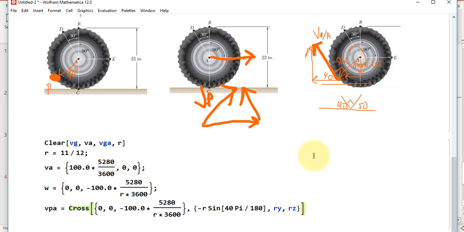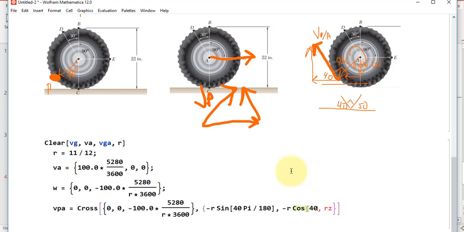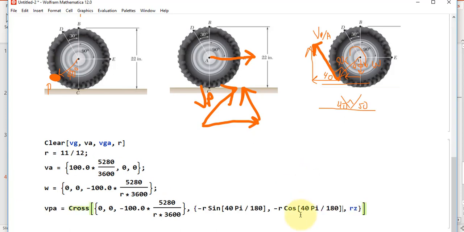And then the y component of this is going down, and that's adjacent, so we'll use cosine 40. And we're in 2 dimensions, so we don't have to worry about a z component.